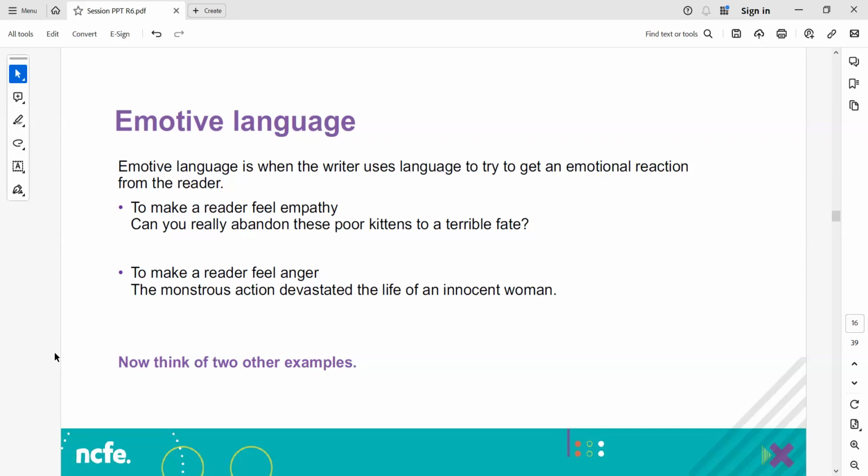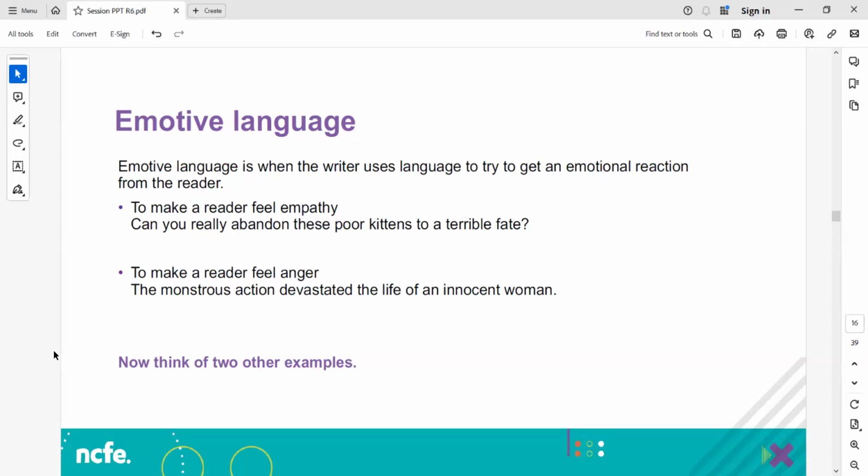Can you really abandon those poor kittens to a terrible fate? So what's the emotive language that's used in that sentence?